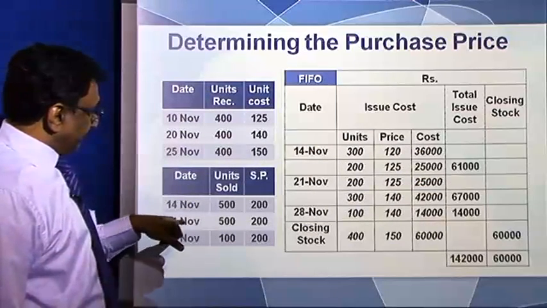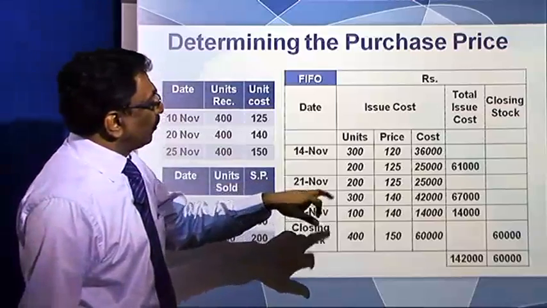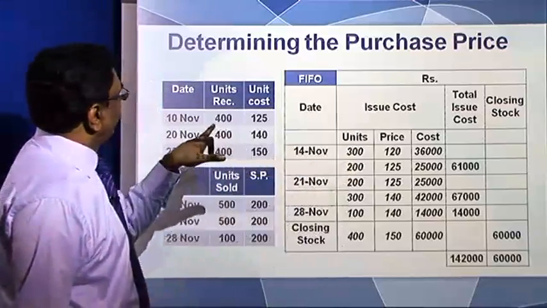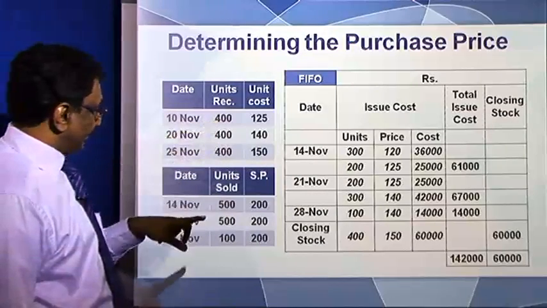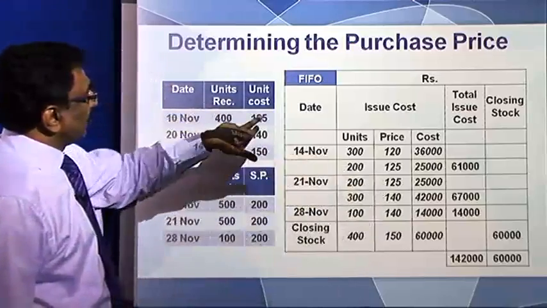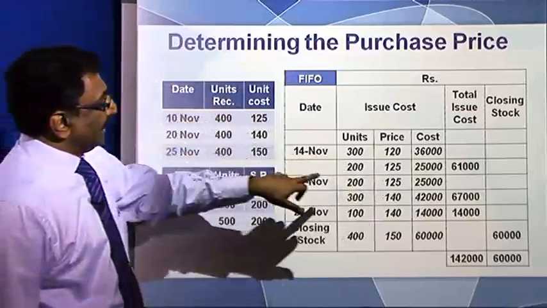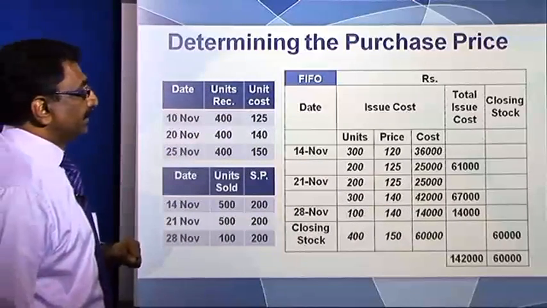Similarly, when the 21st November sale of 500 units happened, let's look at the balance left out of this batch. 200 has been issued, so 200 is left. So for this 500, the first 200 will come from this batch of 125 rupees, and 200 into 125 gives you 25,000 rupees as the issue cost.